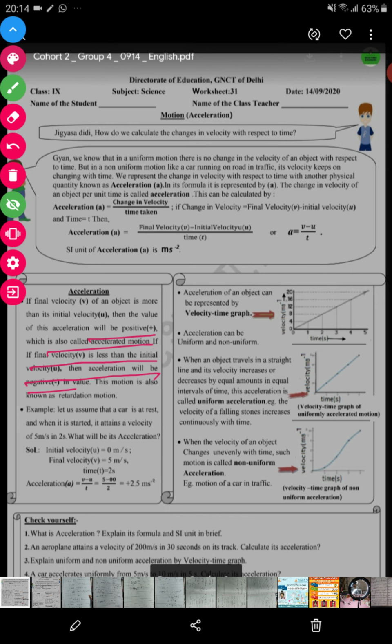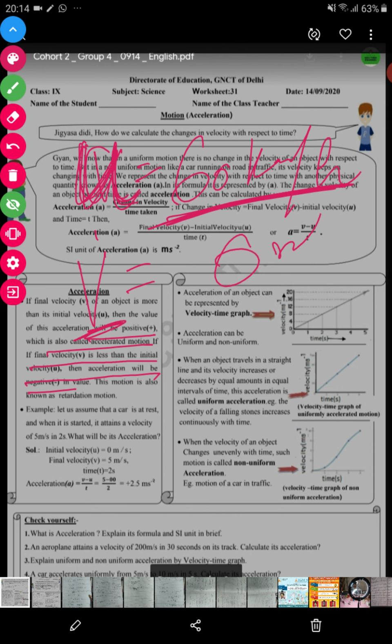Let's say the car is moving on the road with the speed of 60 kilometer per hour, and when there's a red light, it applies the brake and stops. Sorry, this is our u, right? Because it is already moving with this speed, and it stops at the red light, so its v is 0 meter per second.